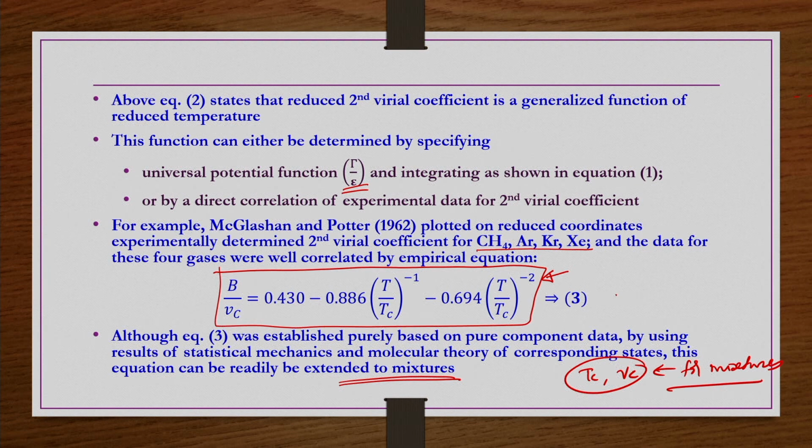Though this correlation was developed only for pure gases, if you can have appropriate Vc and Tc for a mixture, either by statistical mechanics results or by the molecular theory of corresponding states, then it has been found that this equation can also be extended to mixtures, and the validity is sufficiently satisfactory.